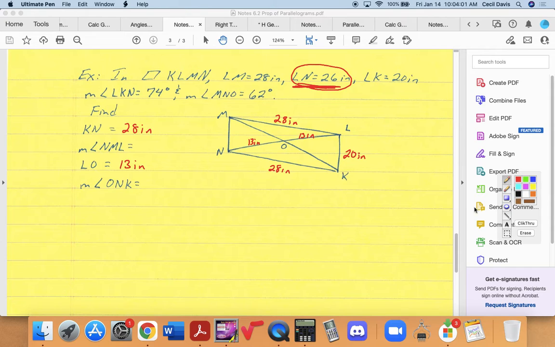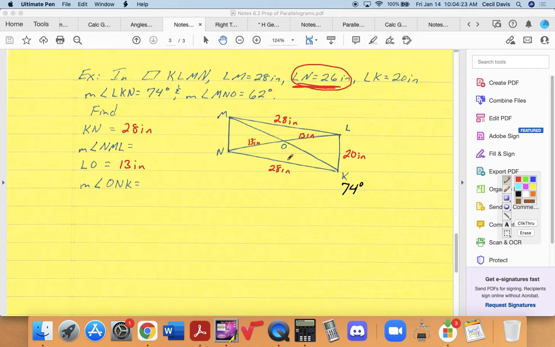All right, I'm going to change colors. Let's see, LKN. This whole angle is 74. You can write it like over the whole thing. I tend to do this and say that whole angle is 74. To me, it gets less in the way of things.